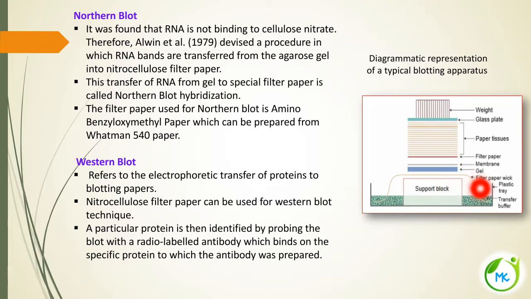Then we place the gel, and on top of the gel we place the membrane, the nitrocellulose filter paper, then the paper tissues, and above the paper tissues a glass plate and then a weight for the blotting process to take place. Whatever you have taken in the gel, the DNA will be blotted on the filter paper. So this process is called blotting.